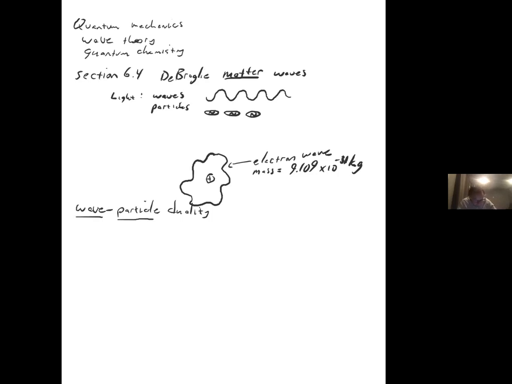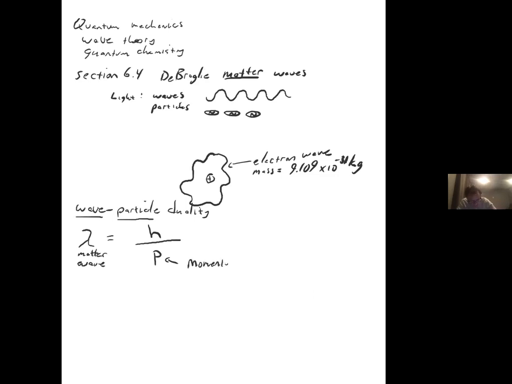So deBroglie used Einstein's equations to come up with a very simple equation to calculate the wavelength of a matter wave, including an electron. And that was λ = h/p, where h is Planck's constant and p is the symbol for something called momentum.